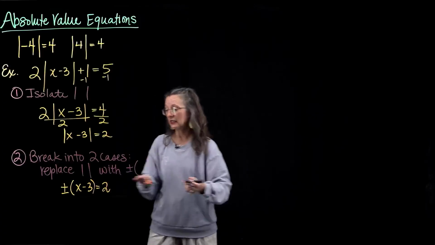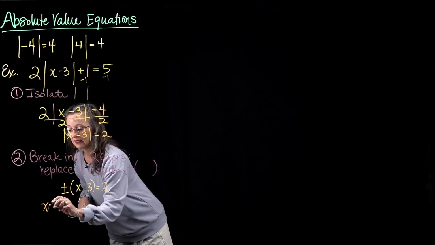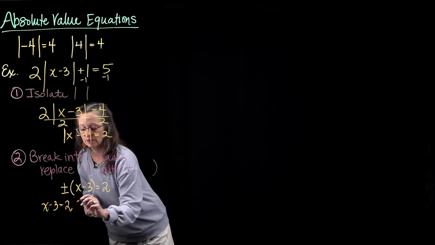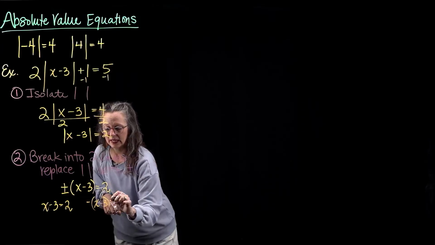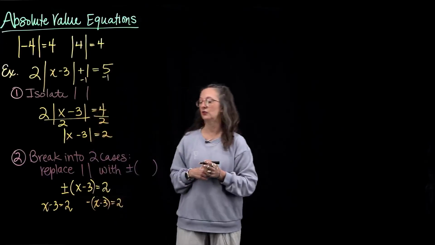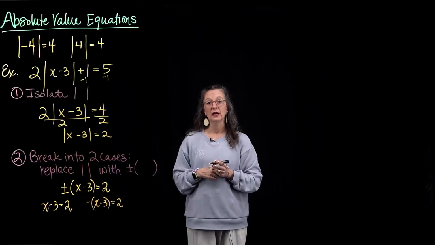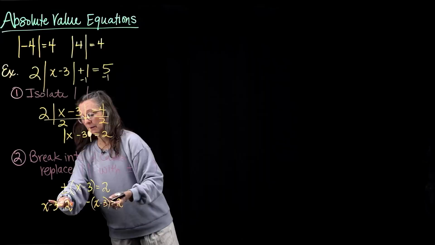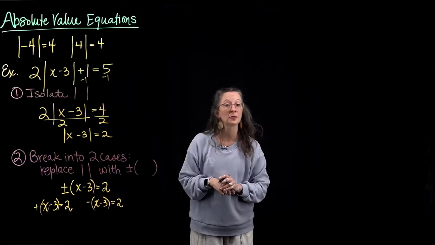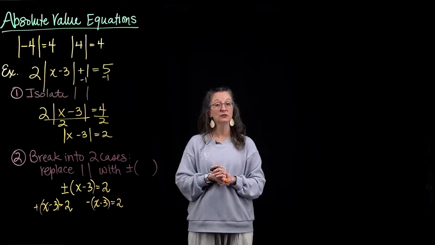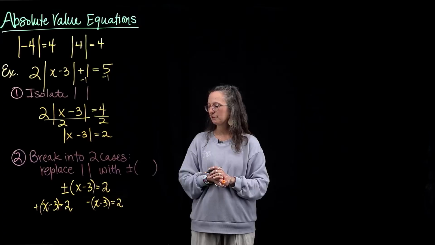The first one is the positive case, x minus 3 equals 2. And the other one is the negative case, negative of x minus 3 is equal to 2. On that positive case, I could leave the parentheses on with a plus out front. I wouldn't have to, but I could if I wanted to.